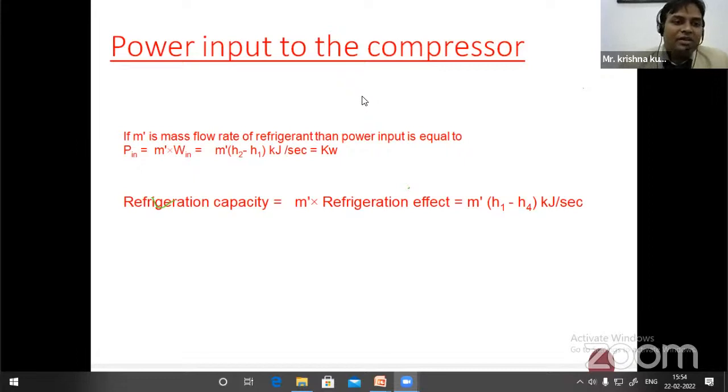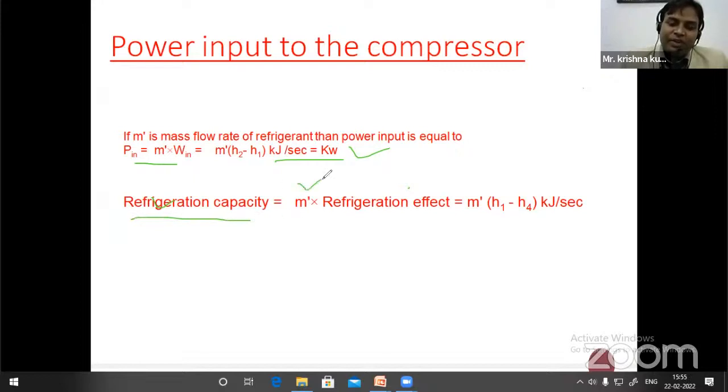So this becomes m dot multiplied by (H2 minus H1), in kilojoule per second or kilowatt.